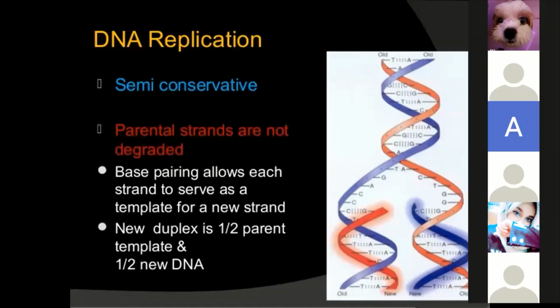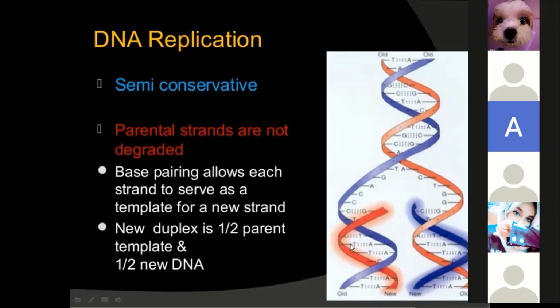DNA replication is semi-conservative replication. Why is it called semi-conservative? Because the parental strands are not degraded. One strand of DNA is the parental strand and a new strand is synthesized, so each new duplex has a parental strand and a new strand.